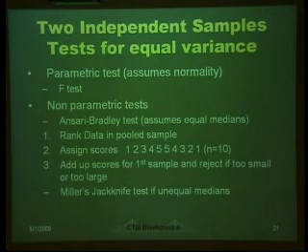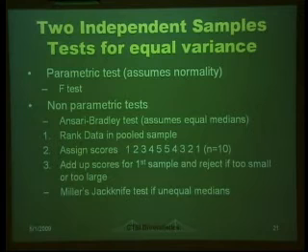And the idea here is that, again, you rank the data from smallest to largest in the pooled sample, and you assign a score. The smallest and the biggest get a score of 1. The next smallest and next biggest get a score of 2. The third ones in get a score of 3. And you keep going until you get to the middle. And then you add up the scores for the first sample.